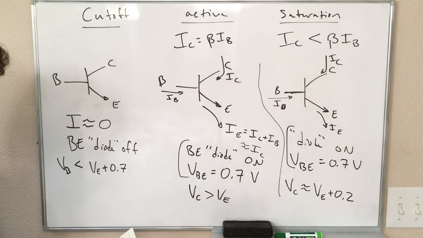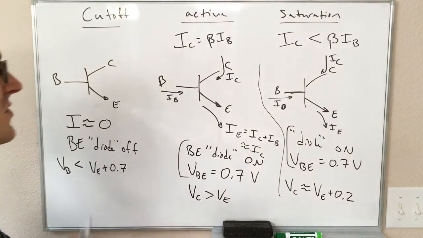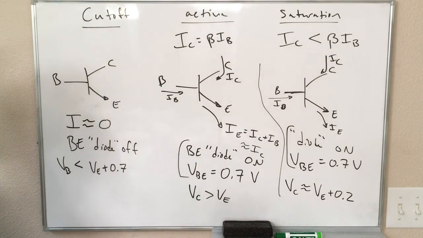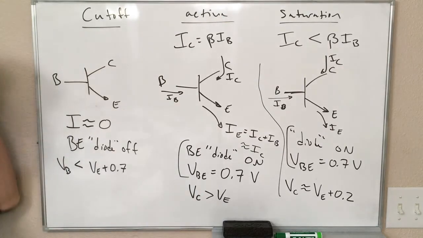All right, so these rules are actually enough to analyze our transistor behavior pretty much entirely. There are a couple little odds and ends, but I think this is pretty much everything we need.